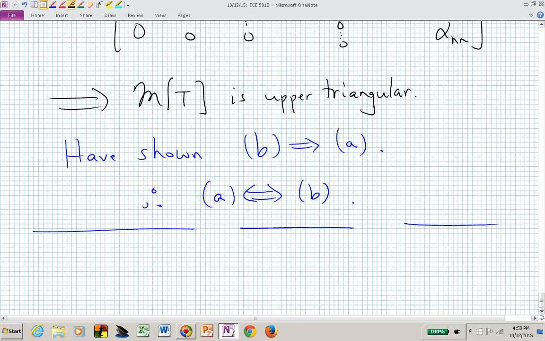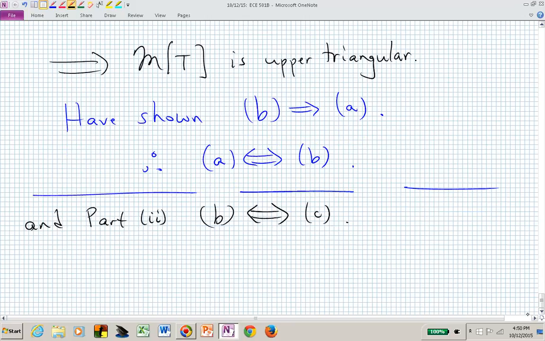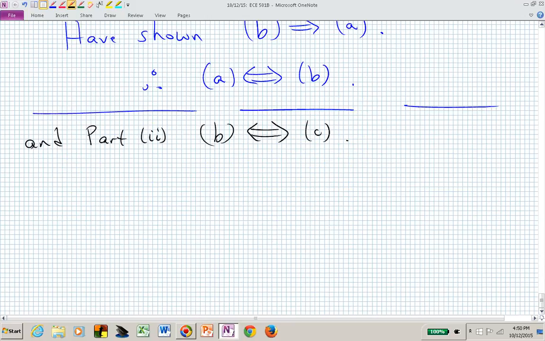Now for the second part, what we want to work on is B if and only if C, or B implies C and C implies B. Let's work with the latter.